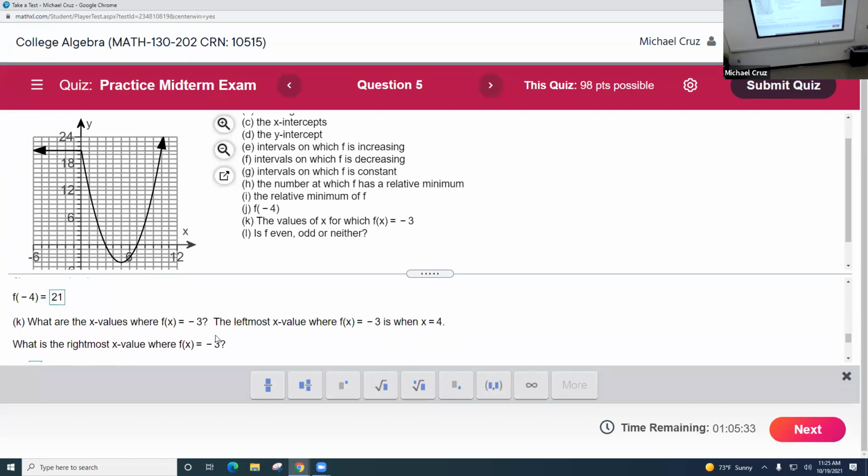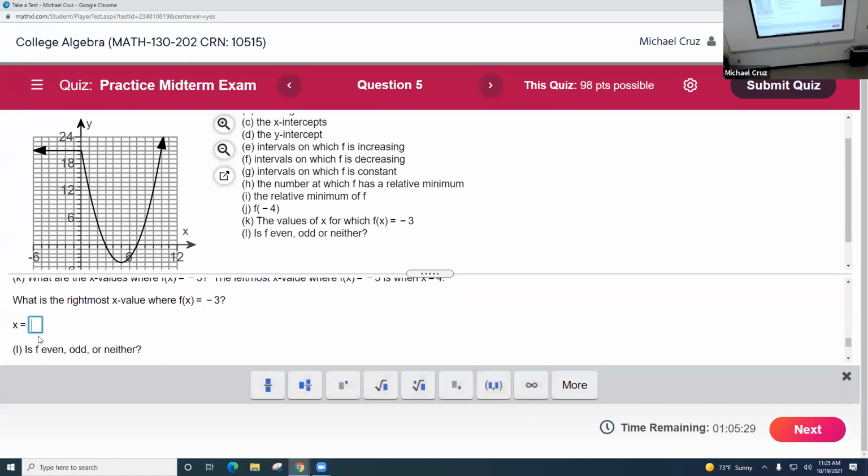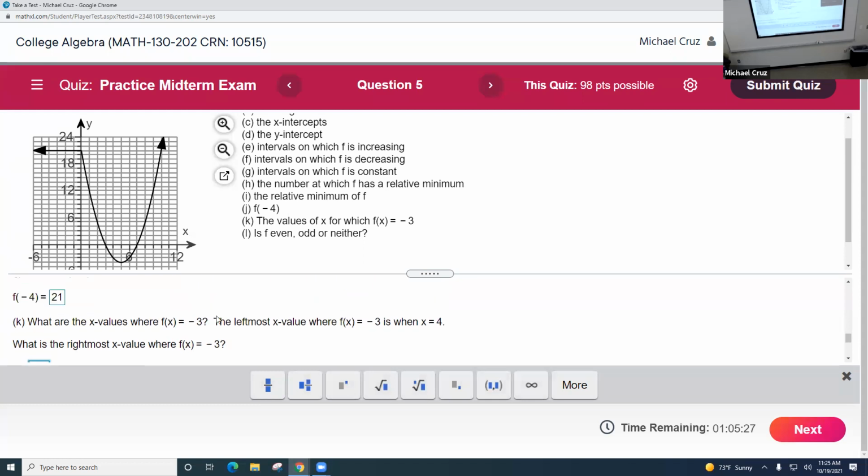I don't really understand what they're asking. They're telling you right there. Oh, what is the rightmost path? Is there more than one? -3. 1, 2, 3. Oh, okay. So the leftmost one is here, 4. And so this one is 6.